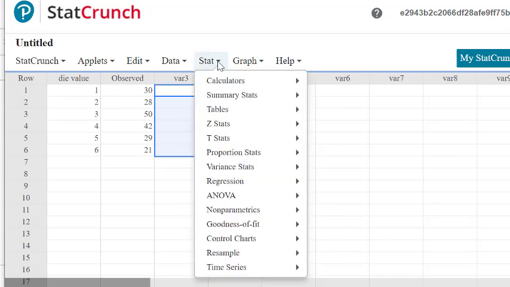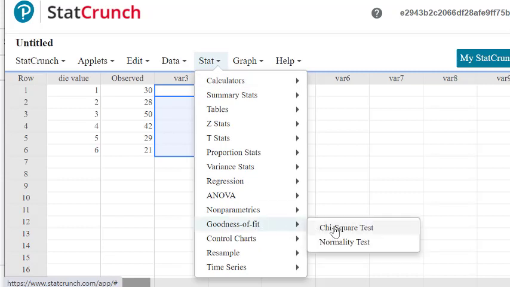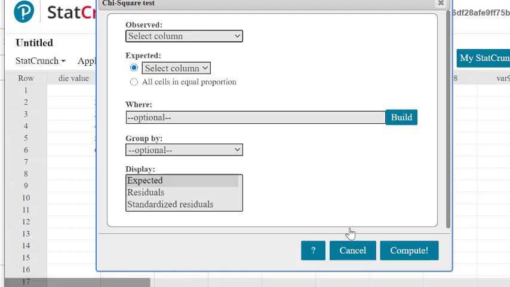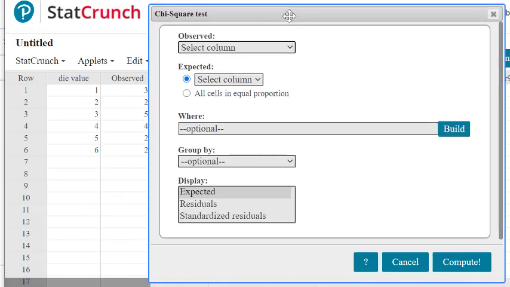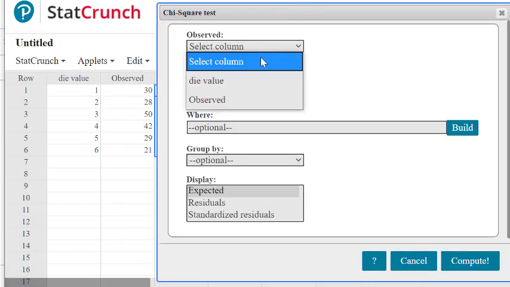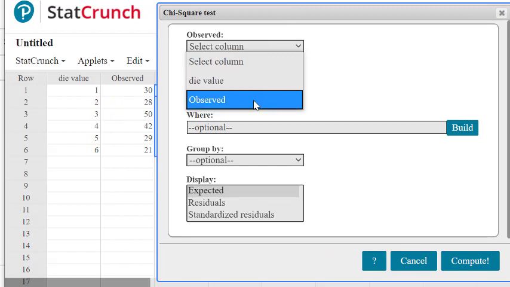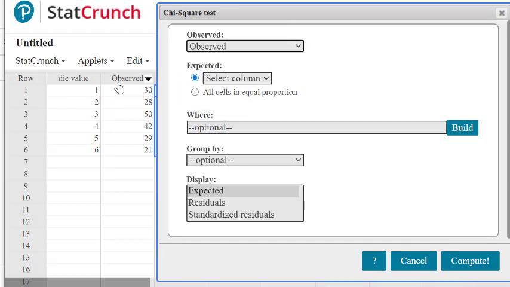So here is the way to do a goodness of fit test using StatCrunch. We'll go to Stat, goodness of fit. This is a chi-square test. Let's select that. Here we have the observed column. The observed column is going to be the observed value. The die value is just the categories.